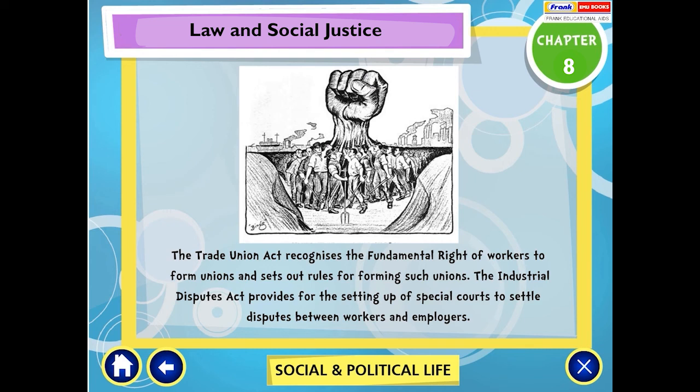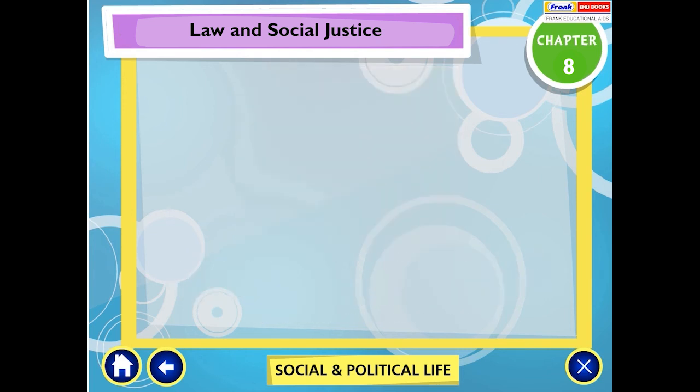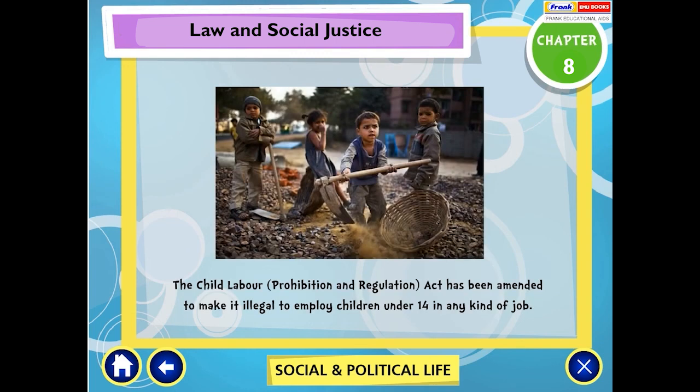The Industrial Disputes Act provides for the setting up of special courts to settle disputes between workers and employers. The Child Labour Prohibition and Regulation Act has been amended to make it illegal to employ children under 14 in any kind of job.